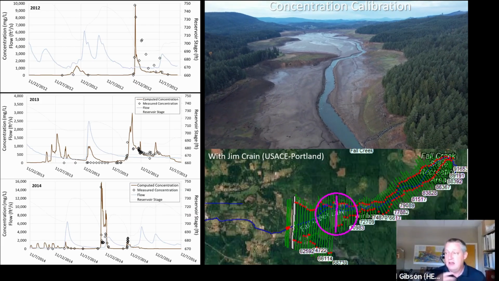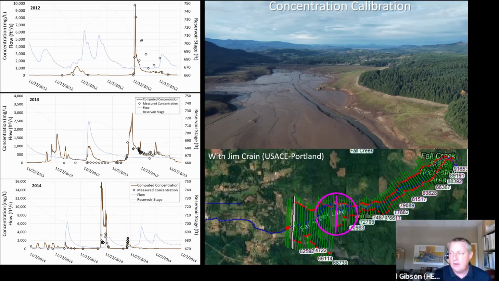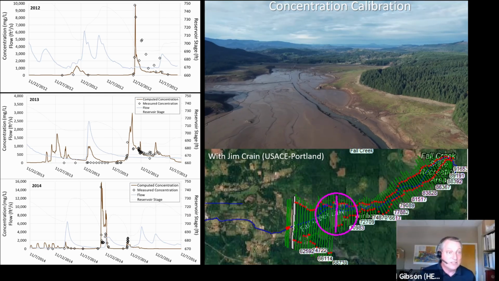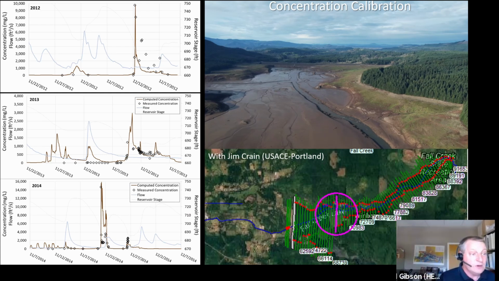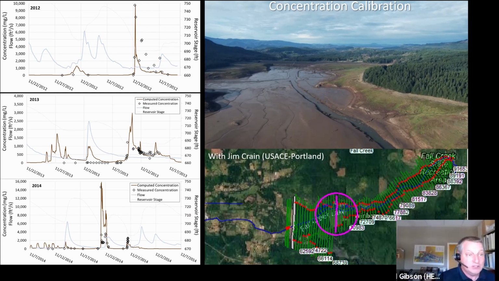You can also calibrate to concentration. I'm involved right now with a number of reservoir drawdowns. We need to let the fish through the reservoir, and so we're drawing down the reservoirs during migration time for the fish. But the problem is you draw down a reservoir, you send sediment concentration spikes downstream.